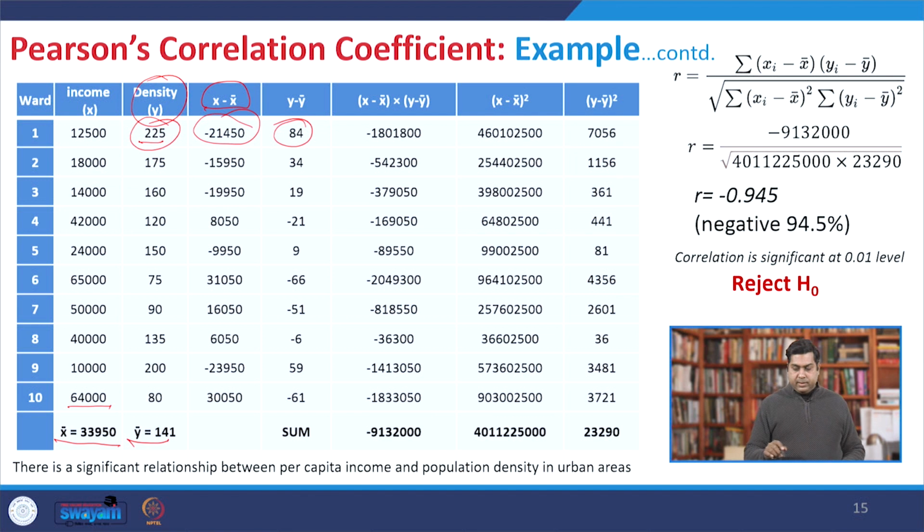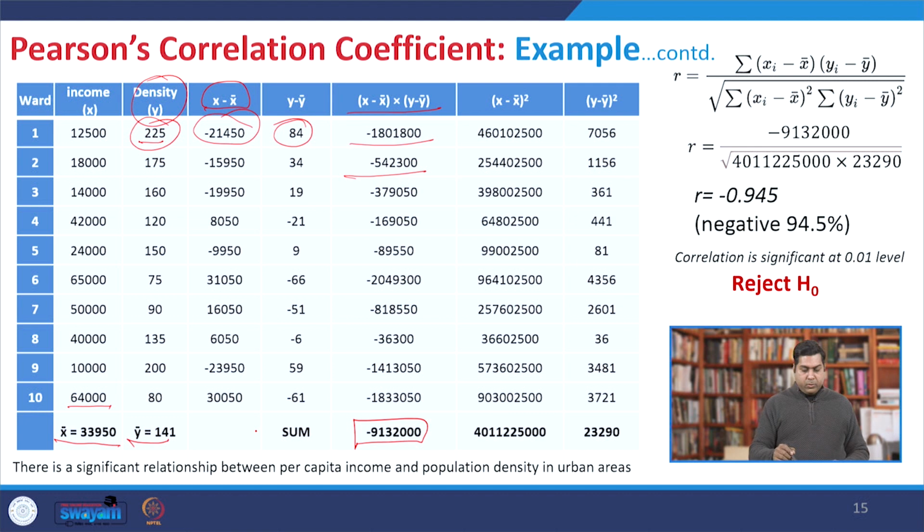Then we require the product of these two, where we multiply them, taking care of the sign of the individual differences, and then we get a value. This is the sum total of the product of the differences of the individual variables from the mean.